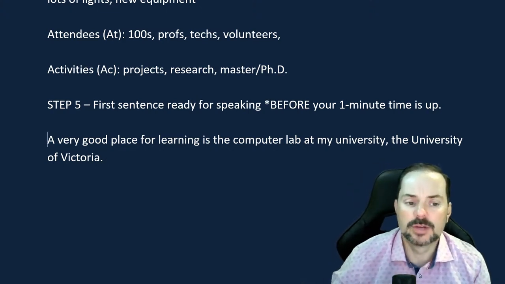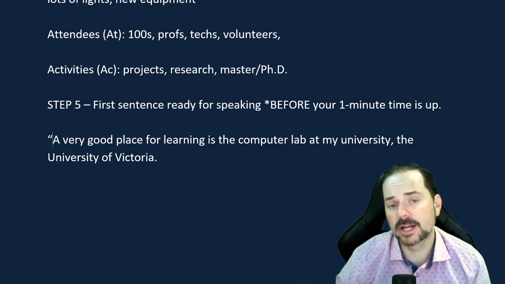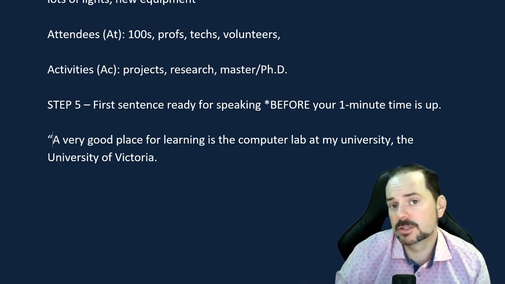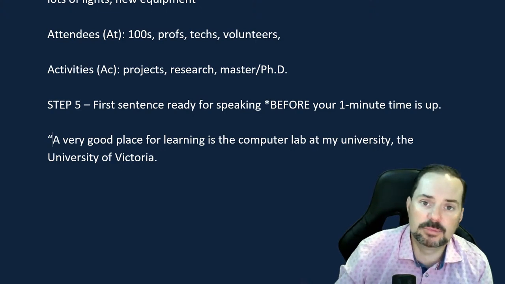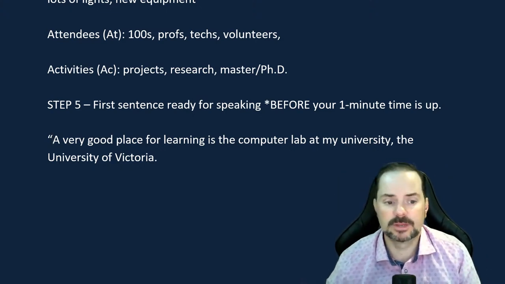Okay, so now that I've come up with this first sentence, as long as I studied before my IELTS exam and I know that I have to talk about its location and then its appearance and then its attendees and activities, then I can easily continue from here.